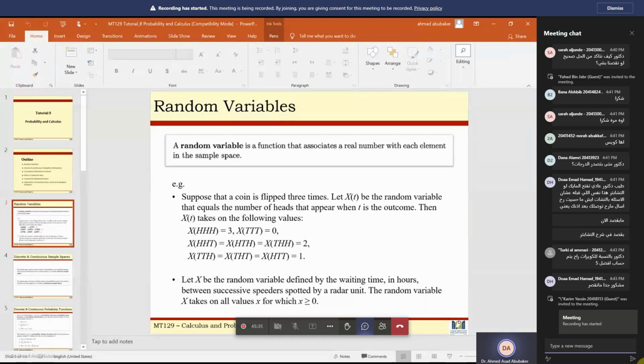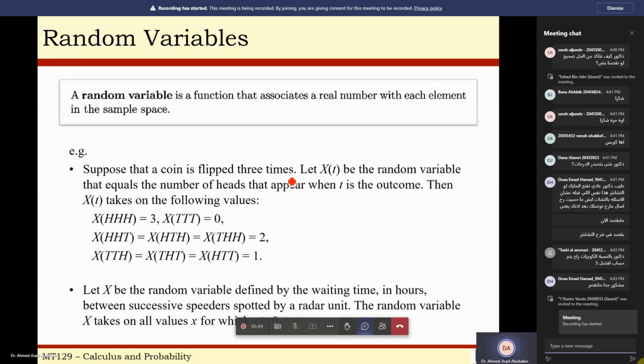Okay, for example, if we have an example about flipping a coin 3 times. In the coin we have 2 faces, one head and another one tail. Okay, head and tail. So let X be the random variable that equals the number of heads.